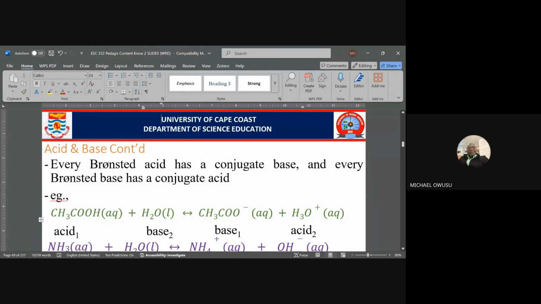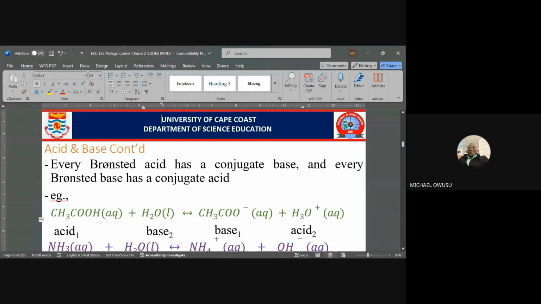So let's say you are doing the right thing, but you are not using the terminologies. Your usual English is what you are using. You want to become a chemist because you are learning chemistry. Going backwards, the NH4 will lose a proton to form the conjugate base NH3.